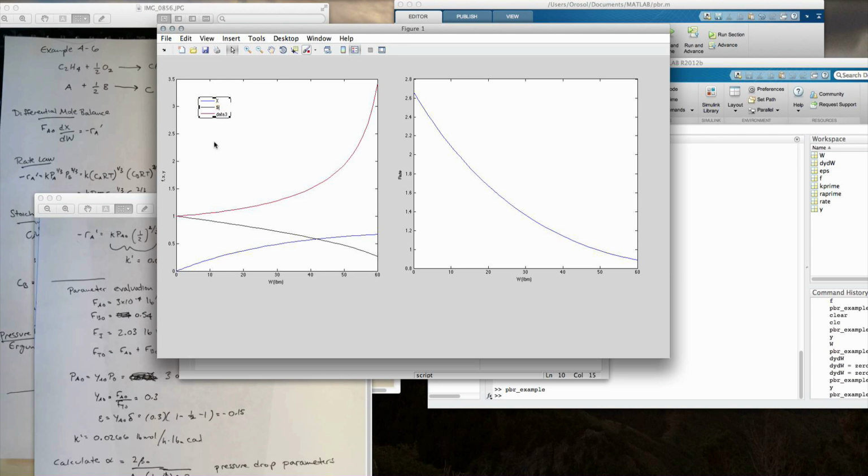You can put in LaTeX codes. So P divided by P naught. Actually, that didn't work. Oh, okay.